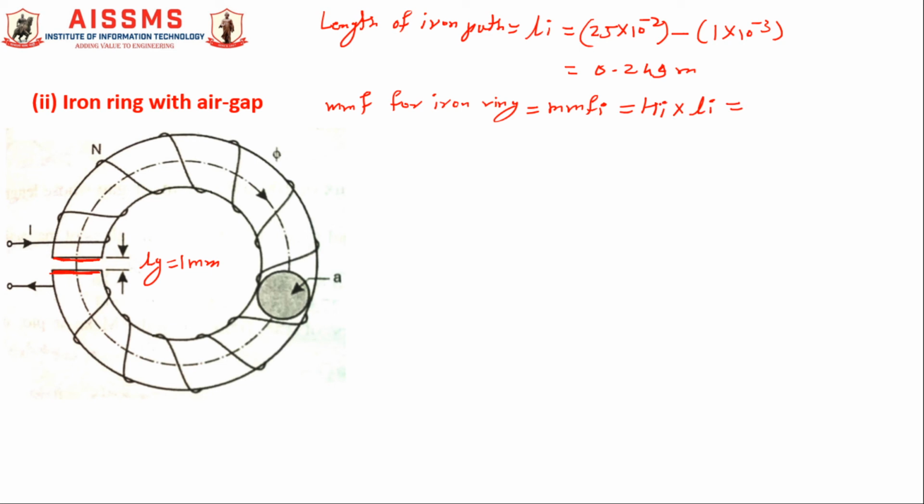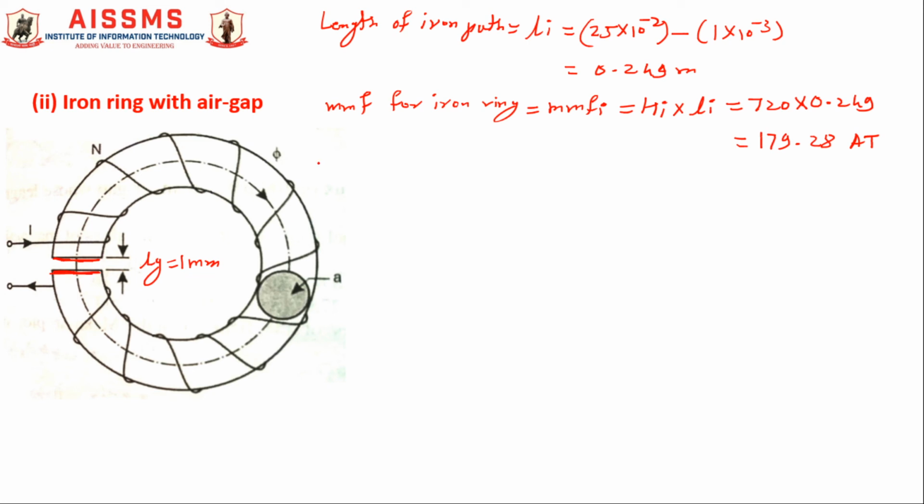We calculated this H in the first part, so take that value, 720, multiplied by Li, that is 0.249, the new length of iron path. So here we get the mmf for iron ring equal to 179.28 ampere turns.